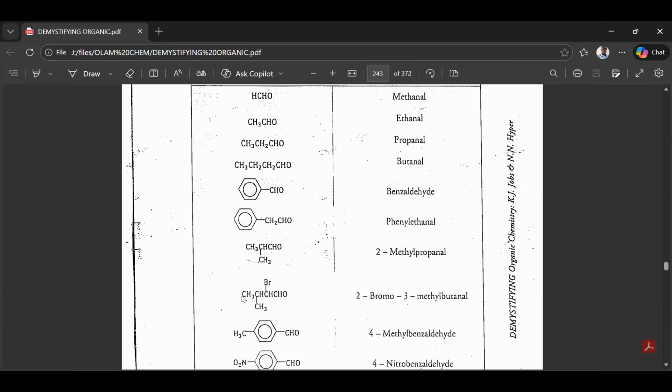So that will mean the mother alkane is having 4 carbon atoms. And of course, the carbonyl compound with the 4 carbon atoms is called butanol. So that means we are going to say 2-bromo-3-methyl-butanol, because the 4 carbon atoms here correspond to butane as the mother alkane, which makes our carbonyl compound become butanol.